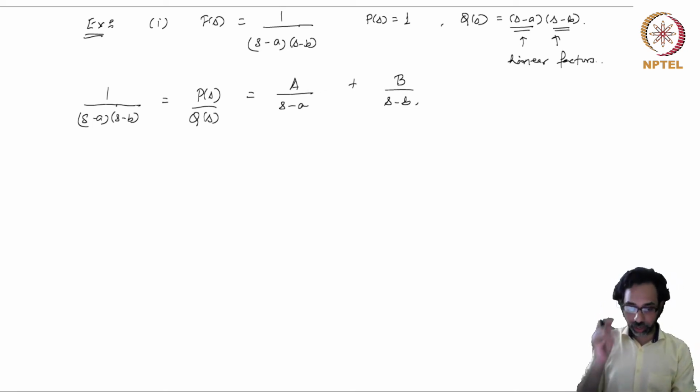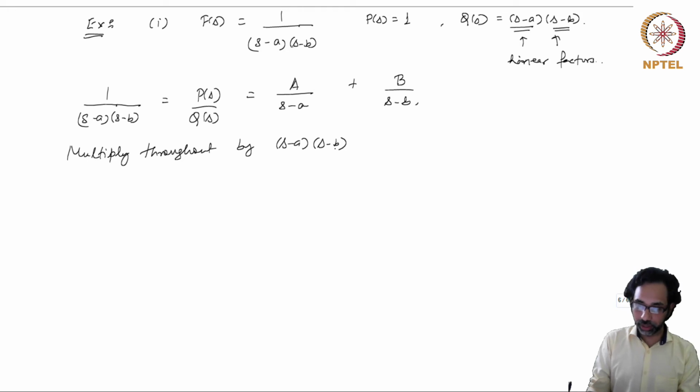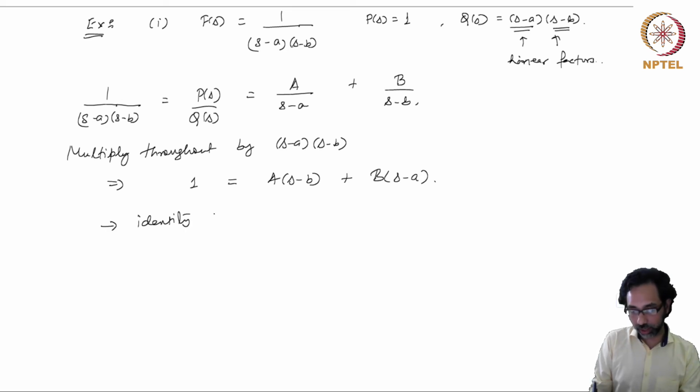And now we can multiply throughout by (s minus a) times (s minus b), and then you will get an identity in s. This is of the form A times (s minus b) plus B times (s minus a). So this is an identity in s. So this is true for all values of s.